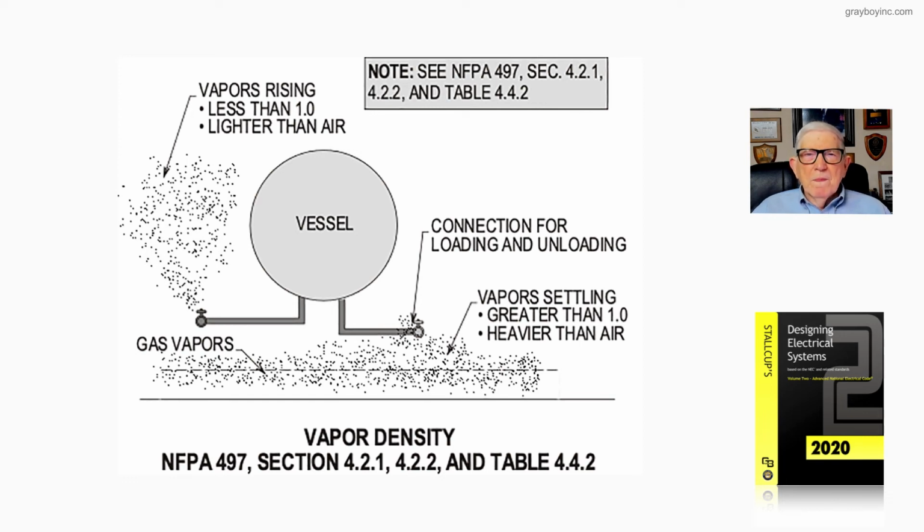Flash point, ignition temperature, upper and lower flammable limits, and does the vapor rise or settle? That's 4 things they're going to look at very closely. Then they'll look at the rest of the table and information provided in that table if they need to. And that's table 4.4.2 again in NFPA 497. And that's exactly what this figure 21-14 is illustrating.